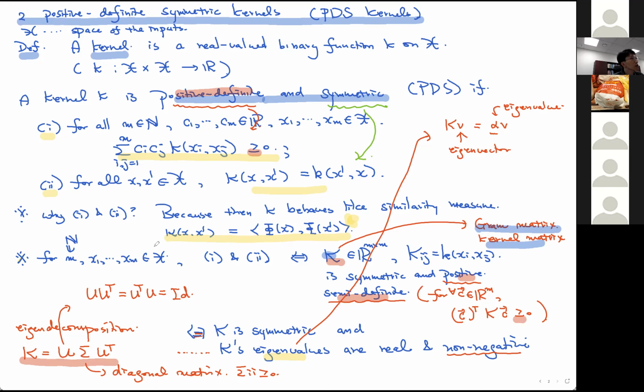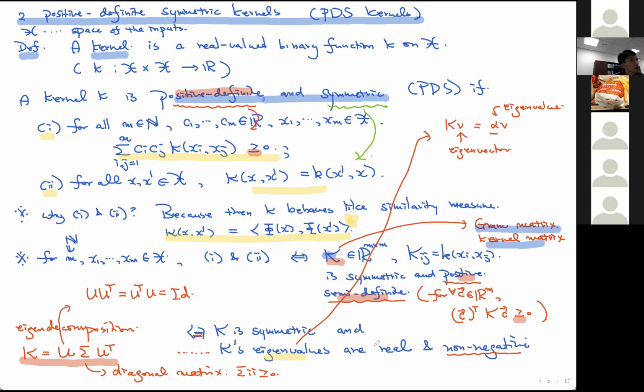And then I said these two conditions, later we will show that they are equivalent to saying this kernel K can be understood as computing the inner products after embedding each input, using the feature map, into some space. And then the last bit is that these two conditions are equivalent to saying the particular matrix that we construct here, which is a Gram matrix or kernel matrix, will satisfy a certain property.